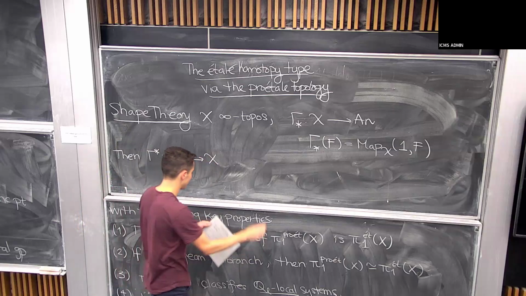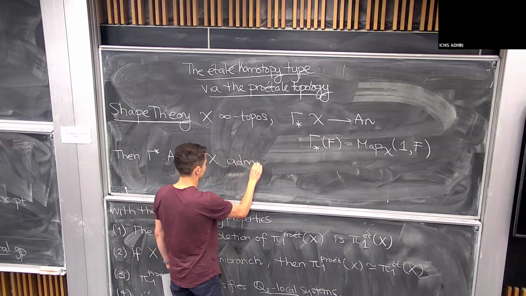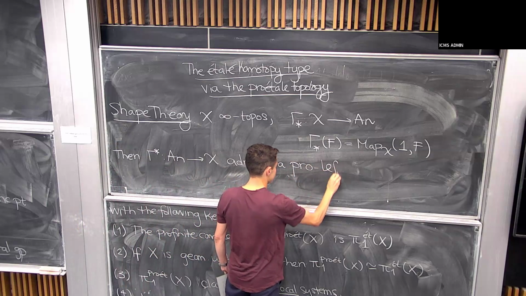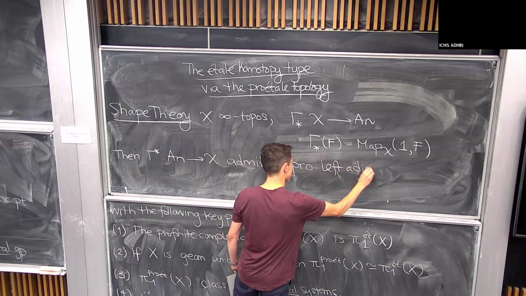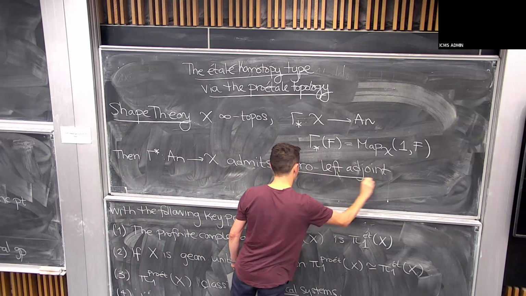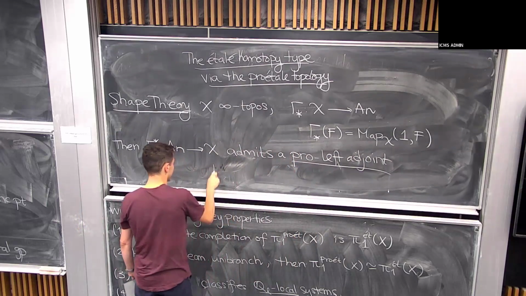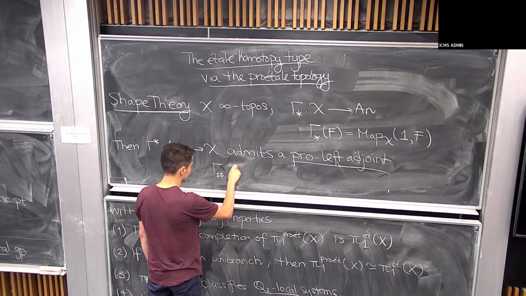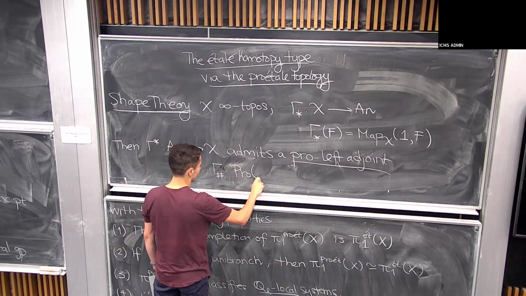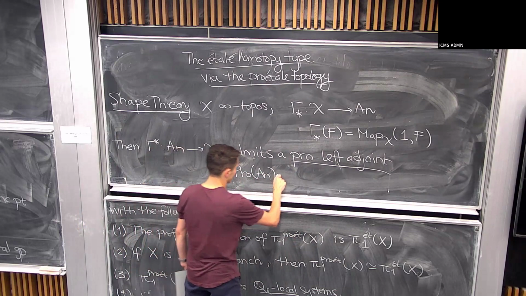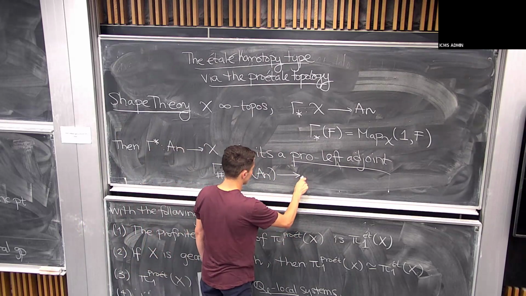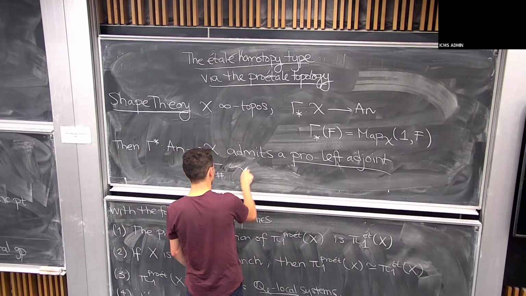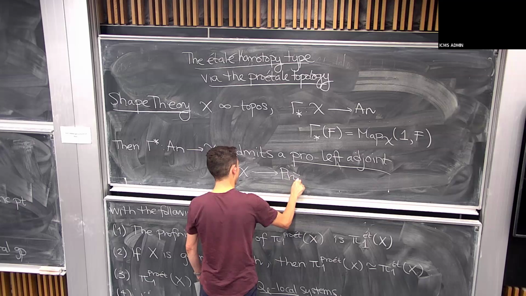This functor admits what's called a pro left adjoint, gamma lower sharp. So this goes from X to pro of anima.